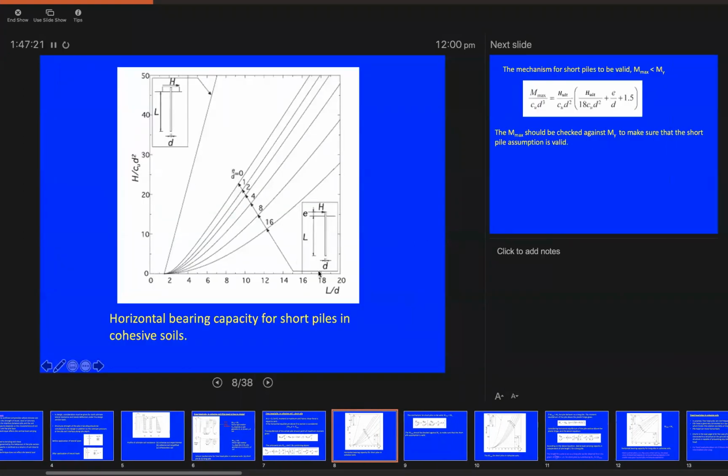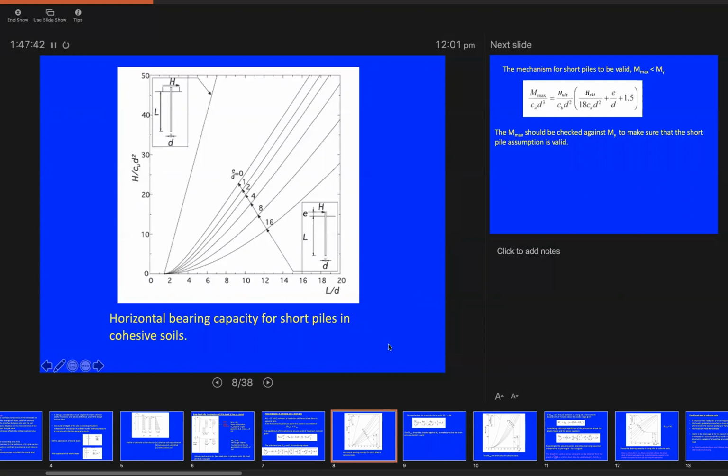As we said before, to use this chart, you need the value of L over D and E over D to find the value of this term. Once you find this term, you can find directly the value of H ultimate, because the values of CU and D squared are already given in the question data.